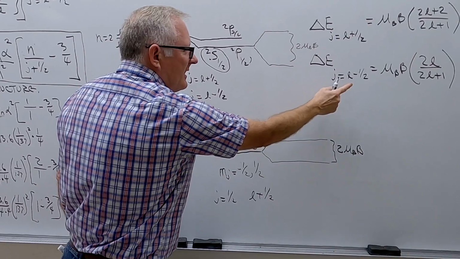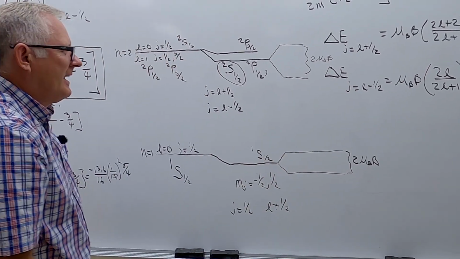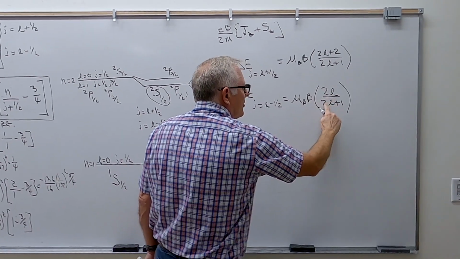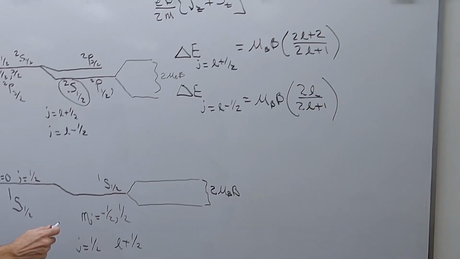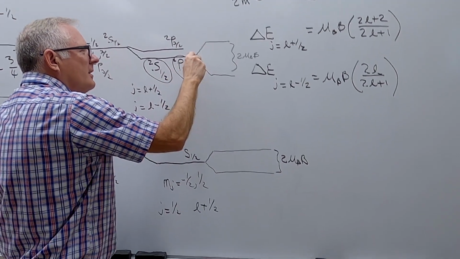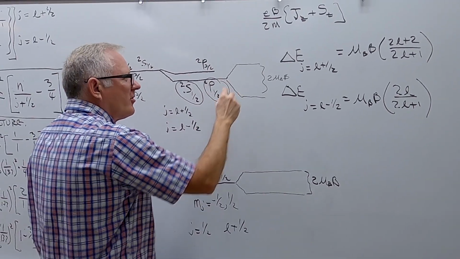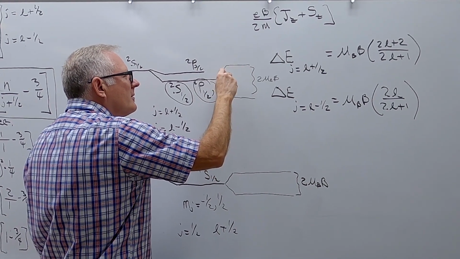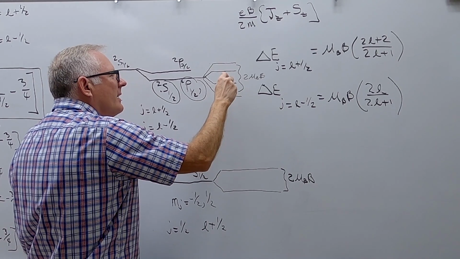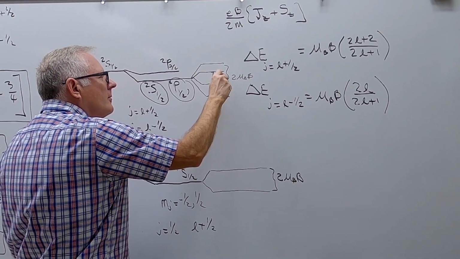So we're going to use this case down here, and for the L equal to 1 case, that just becomes 2/3 mu_B B. So this one is going to separate out only by 2/3 of mu_B B. So it's going to be a little bit smaller. This spacing is 2/3 mu_B B.